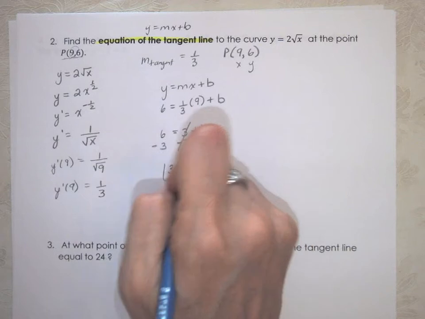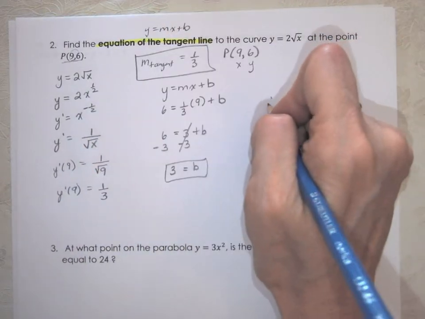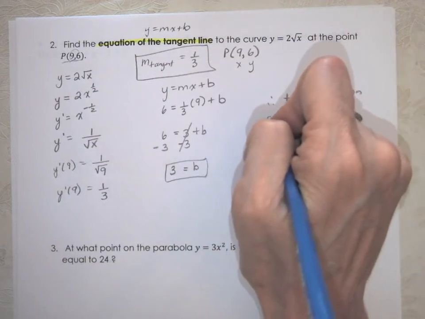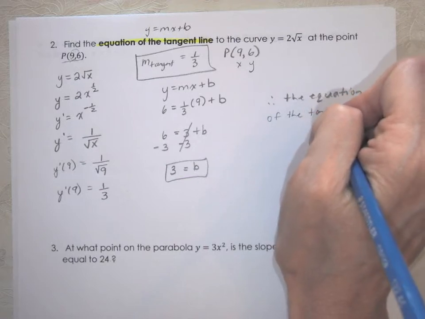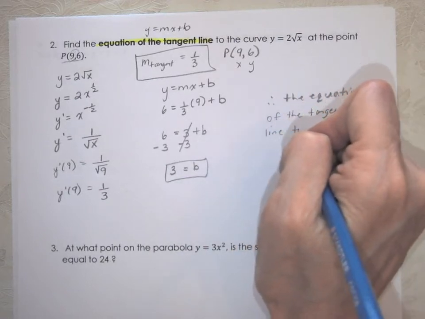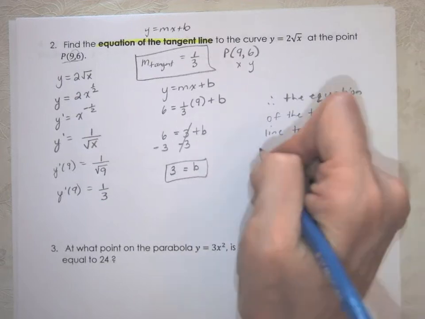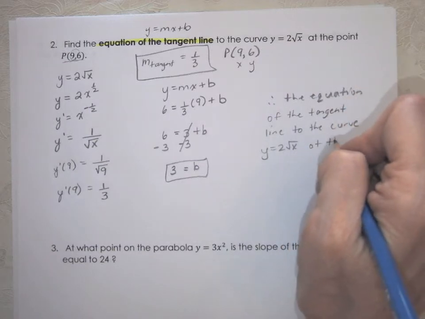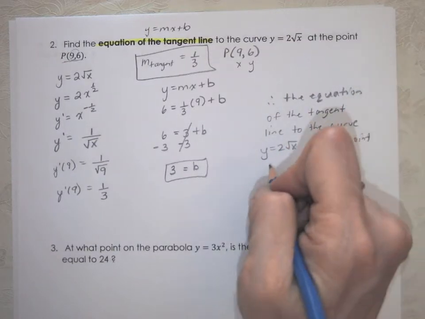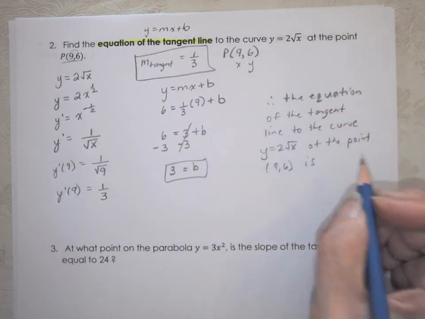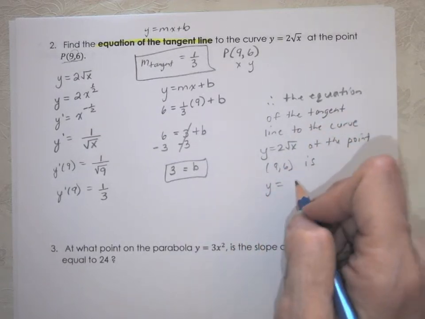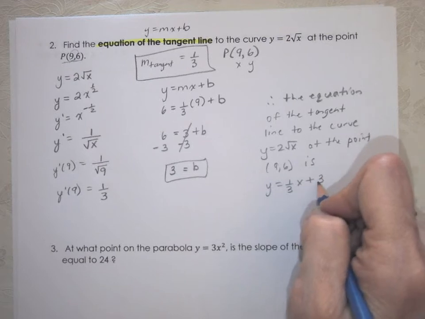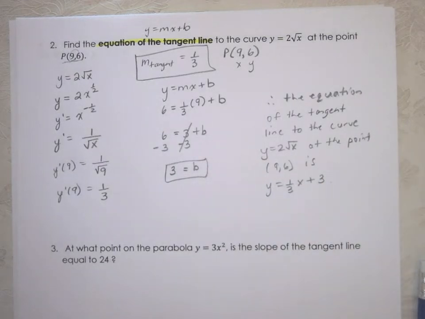And now we can conclude that therefore the equation of the tangent line to the curve y equals 2 root x at the point 9, 6 is y equals 1/3 x plus 3. And I just want to show you that on a graph.